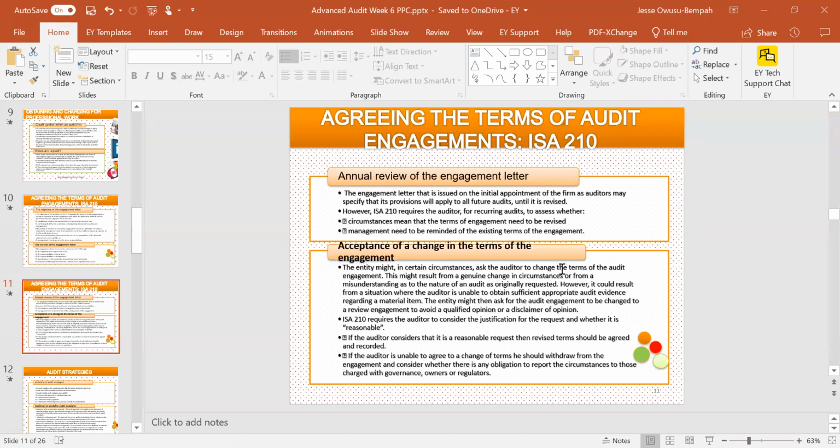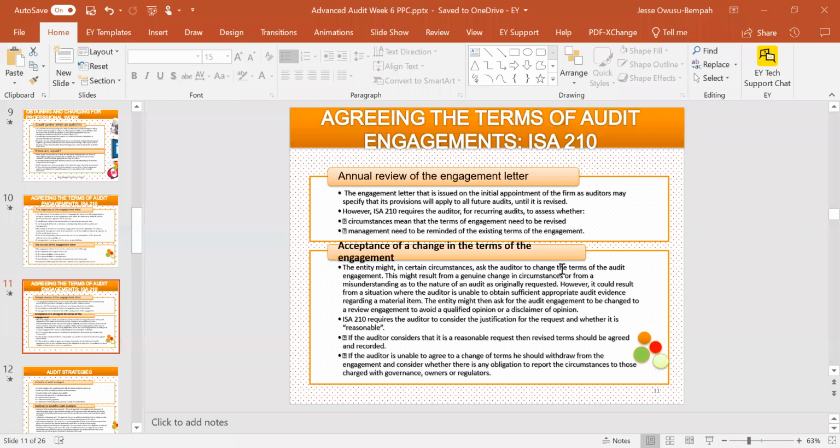ISA 210 requires the auditor to consider the justification for the request and whether it is reasonable. If the auditor considers that it's a reasonable request, then the revised terms should be agreed and recorded. But there are some times when it's reasonable to change the terms of the engagement. Like I said, there might be appropriate justification for it.